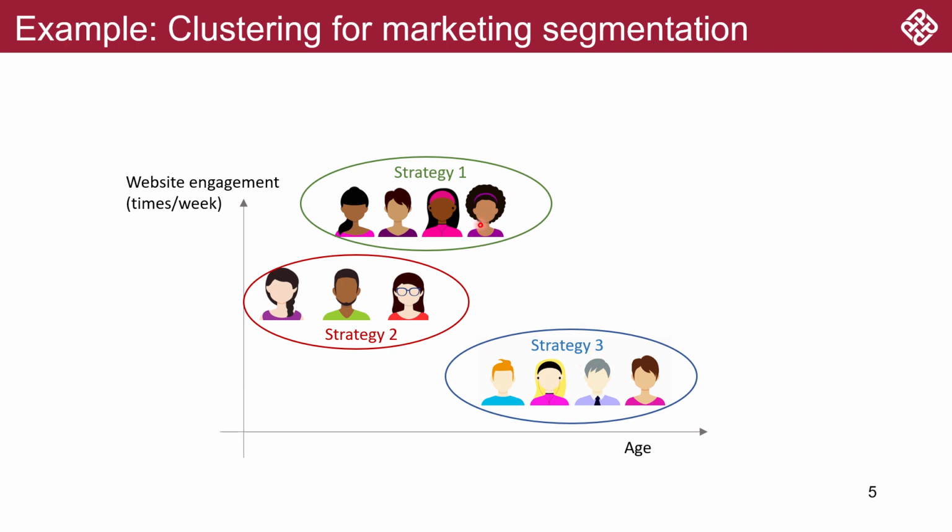With the clustering, with the segmentation, we can identify, hey, this one is cluster 1, this one is cluster 2, this one is cluster 3, and then we can define different marketing strategies for different clusters.